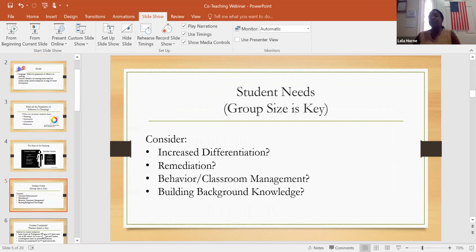We talked a little bit about student needs and how to select a model of instruction based on student needs. Well, we have to consider things like the increased differentiation needs, remediation, whether we have behavior problems or classroom management issues in the classroom, and whether students need to build background. For example, if we are discussing a student who has interrupted formal education and they need to build background, perhaps we would need at least one or two groups for that.